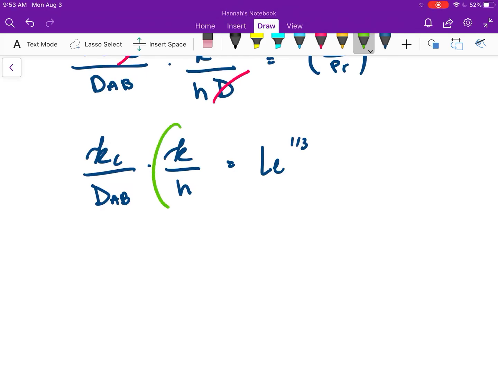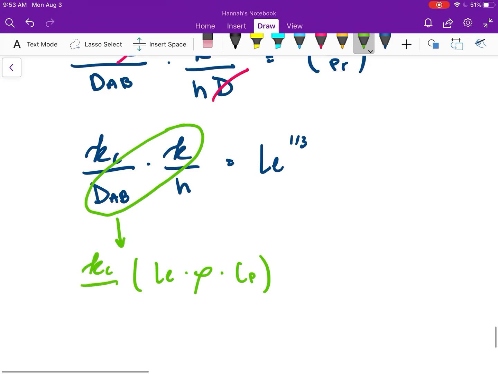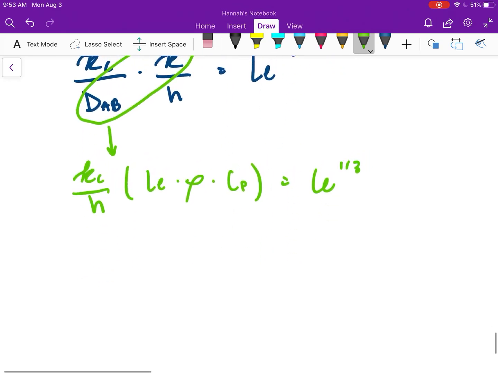Now this right here is actually equal to the Lewis number times density times the heat capacity. Then rewriting that, Kc over h, and that's equal to the Lewis number to the 1/3. So we can move that Lewis number to the other side.